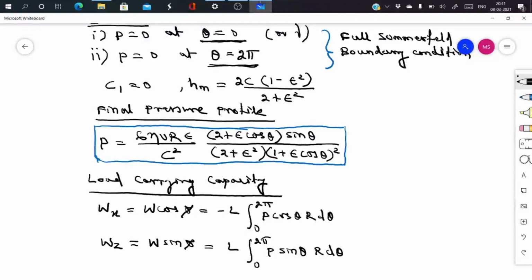Now if you see the pressure profile, the profile of the pressure behaves like this. This is theta, this is 2 pi, this is 0, this is pi. So the pressure profile will look like this.